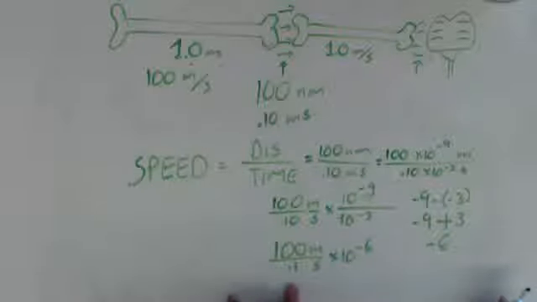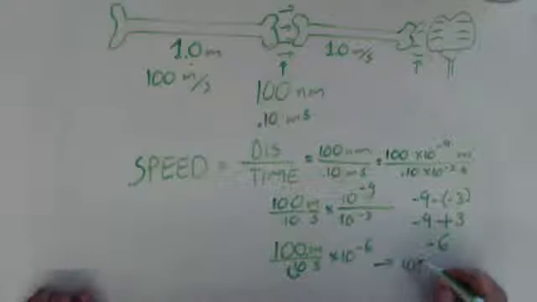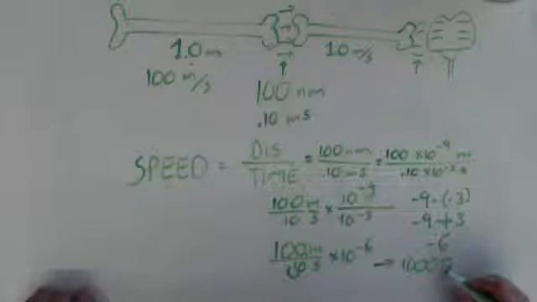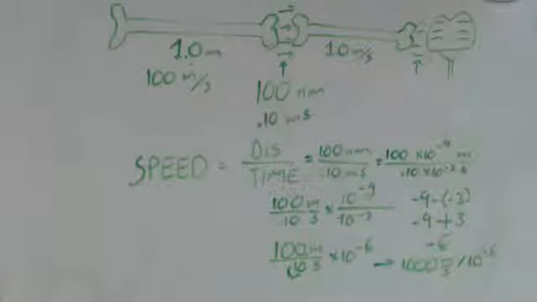Now, I can also do this little trick. 100 meters in 0.1 seconds translates, if I move the decimal place over one place, to 1,000 meters per second times 10 to the negative 6. Not all that user-friendly.